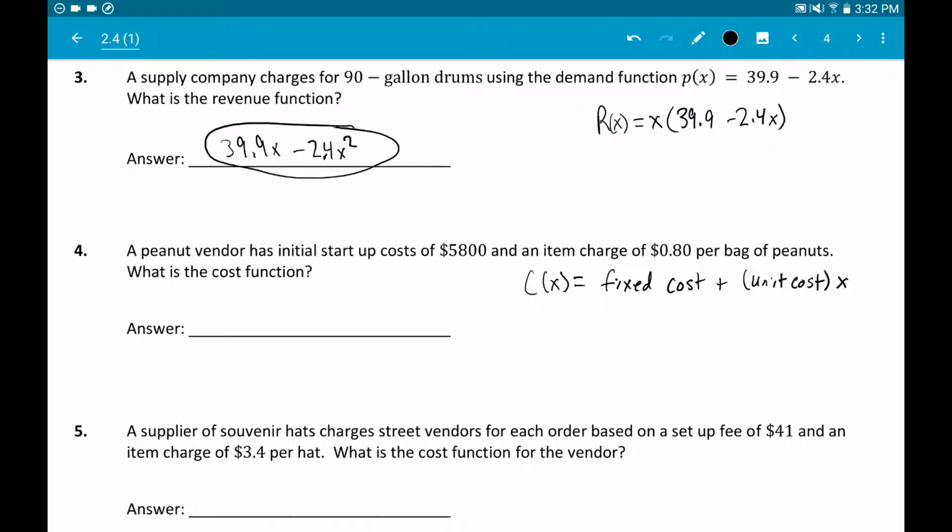So the fixed cost here, the startup cost is your fixed cost. That's money they had to pay out so they could get started. Okay, so startup costs, same thing as a fixed cost. $5,800 plus a unit cost of 80 cents a bag times how many they sell. So there we go, 5,800 plus 0.80x.